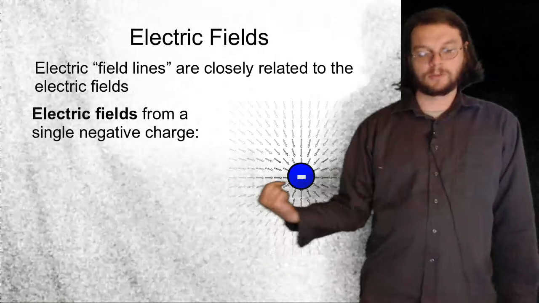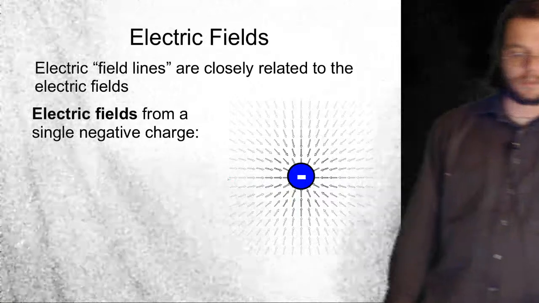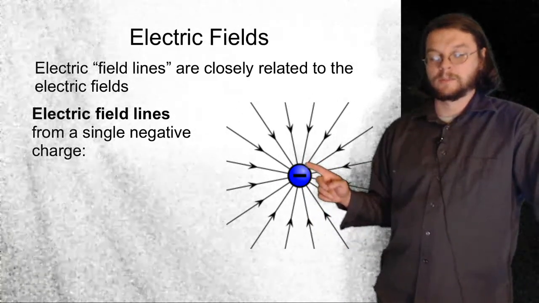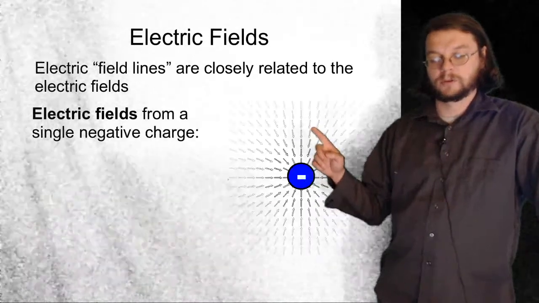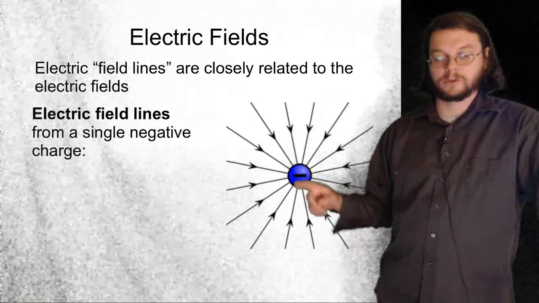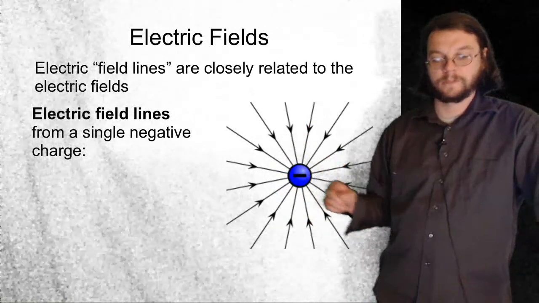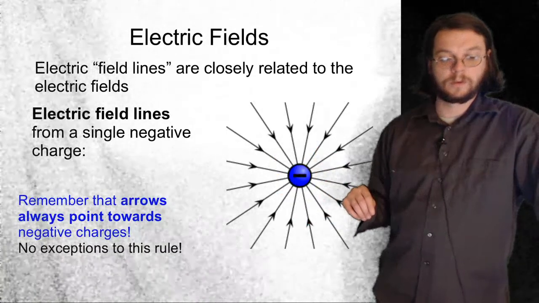The force is going to be this way, so too is the electric field. And it's the same thing with the field lines, except that instead of the arrows pointing away from the charge, the arrows are always pointing towards the charge. It's still true that because these lines are closer together, the electric fields are stronger. It's just in a different direction.